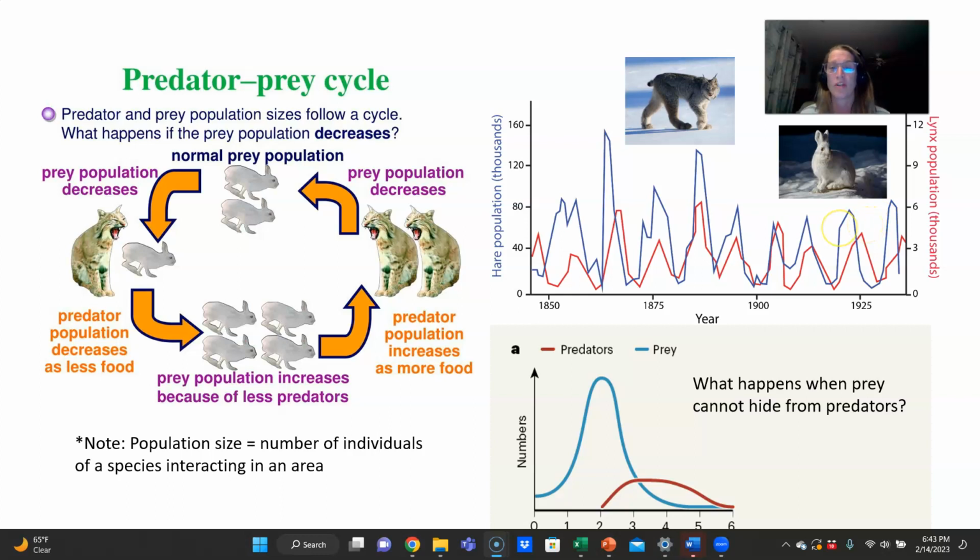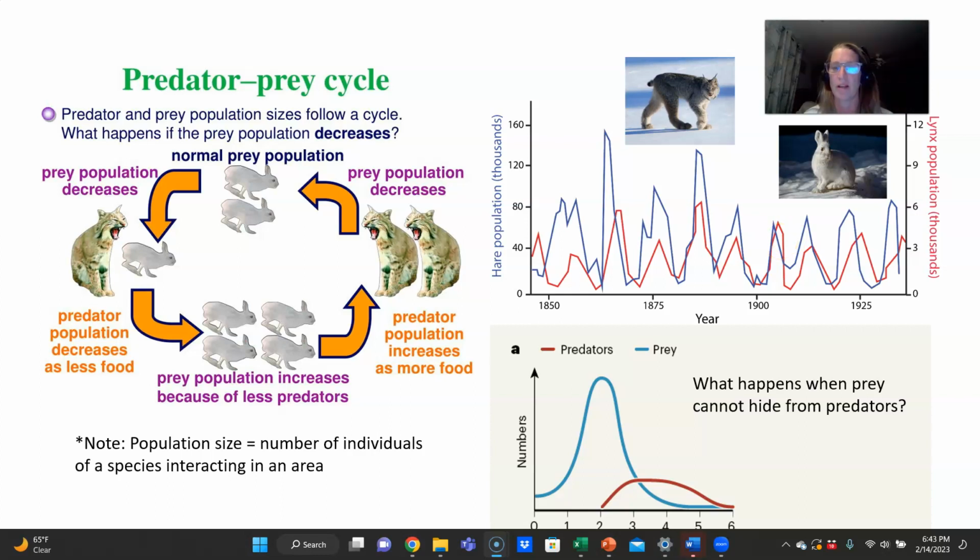Something that I want to make sure is clear is that this predator-prey cycle isn't entirely simple. So while the predator, the lynx, appears to be strongly influenced by the population size of the hares, the hares are not only being controlled by how many predators there are. Sure, as the number of lynxes increases, they're putting more predator pressure on the hares.